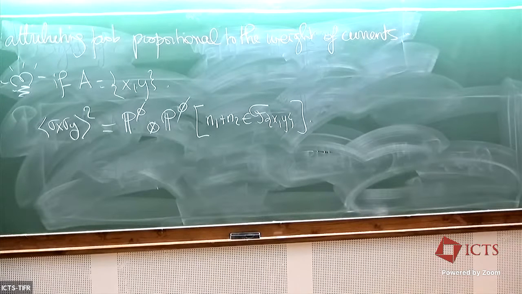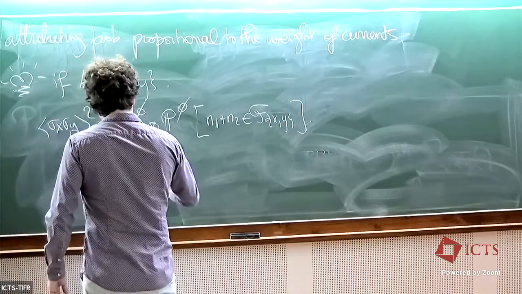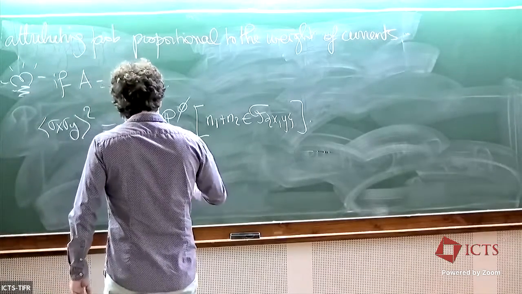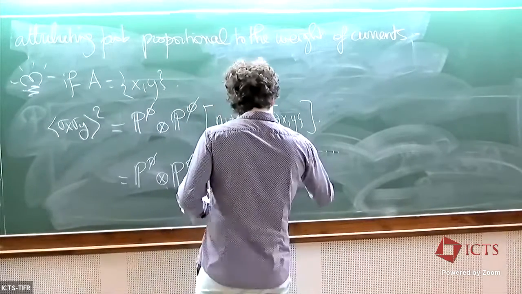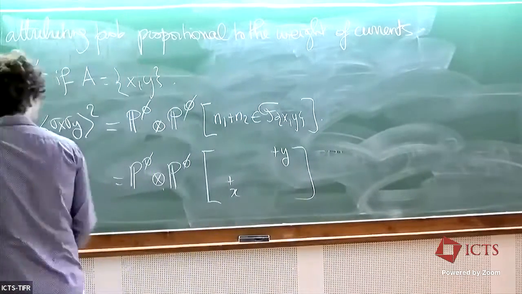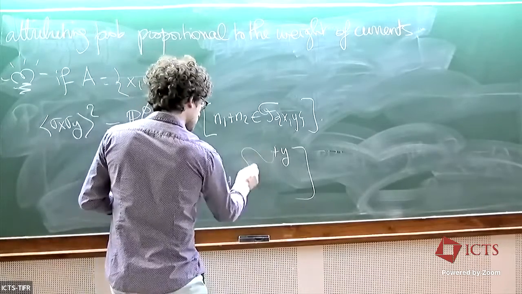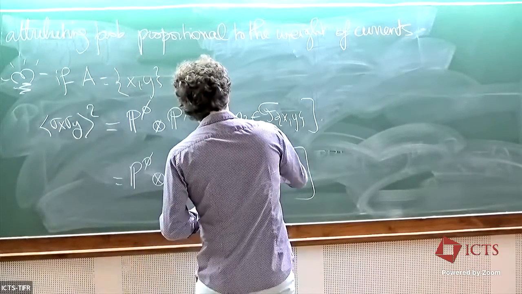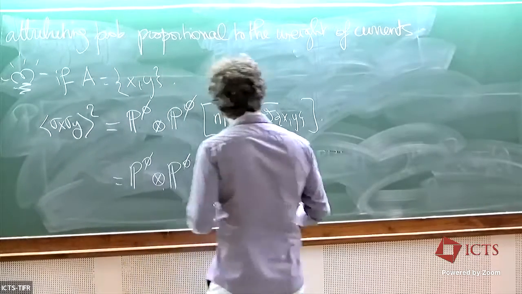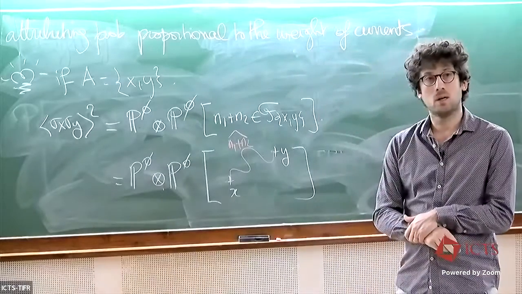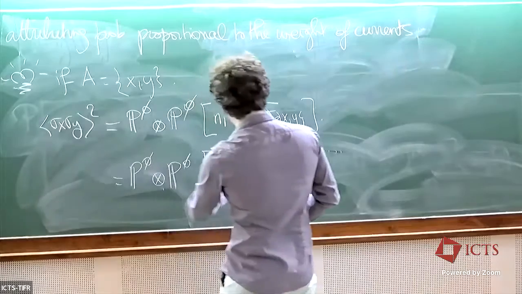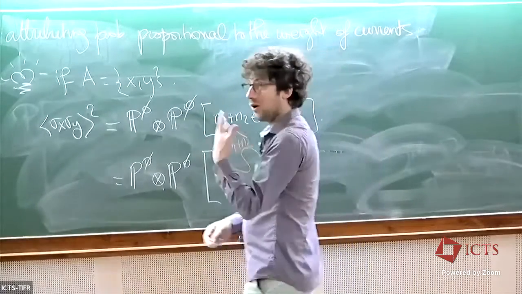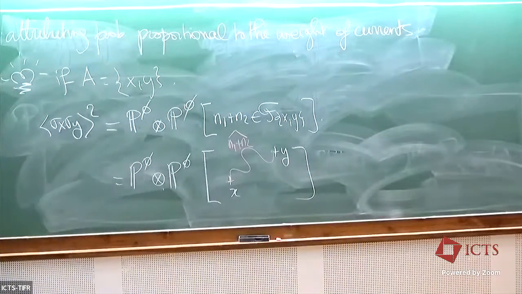So this is nothing else than saying, if I look at the percolation model given by N1 plus N2 hat, there is a path from x to y.